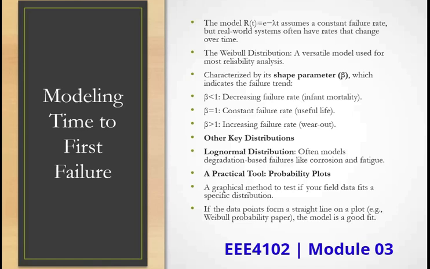So for an electrical equipment or component, this might be a weak solder joint that fails in the first few hours of operation. Then it also helps us understand the useful life when beta is equal to 1.